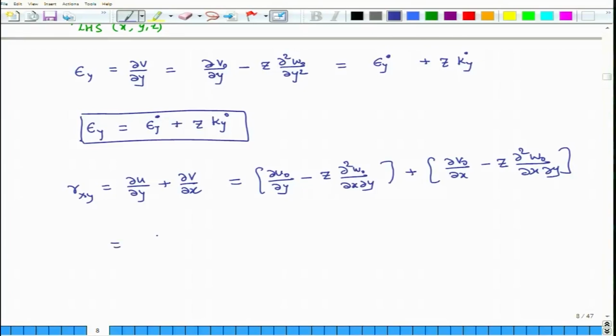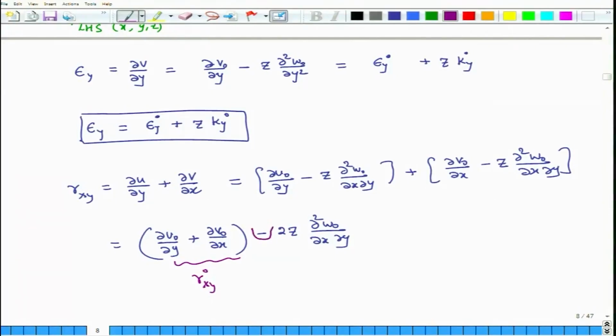So, this is equal to del u naught over del y plus del v naught over del x minus 2z del 2 w naught over del x del y. This is the mid plane strain gamma x y naught, and the negative of this term is k x y.